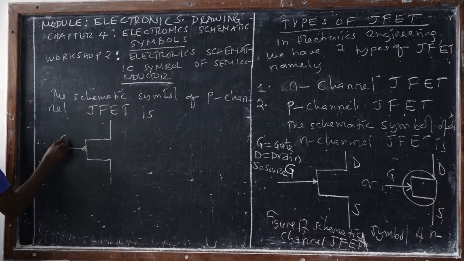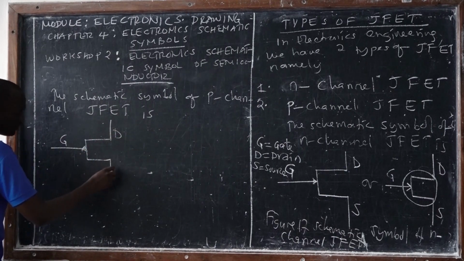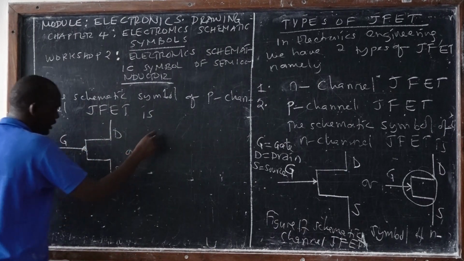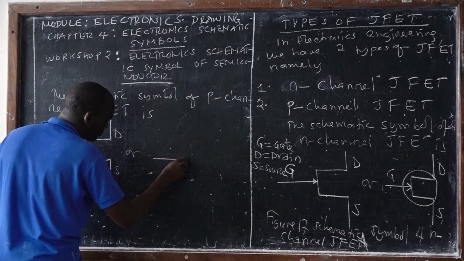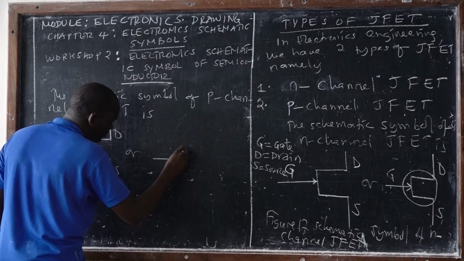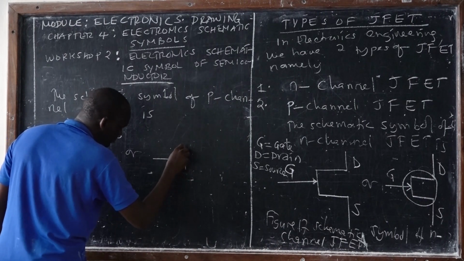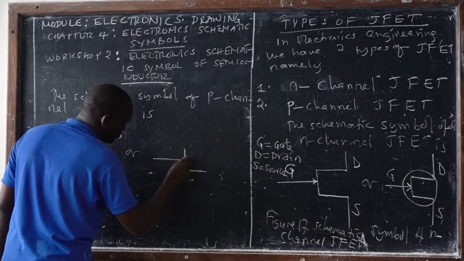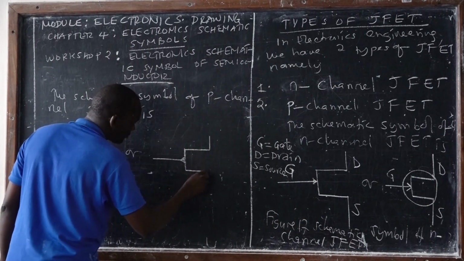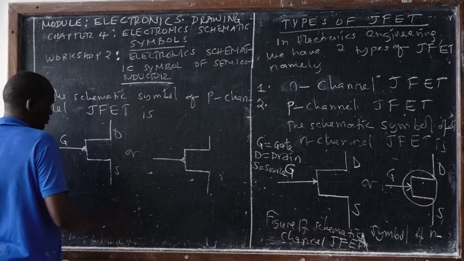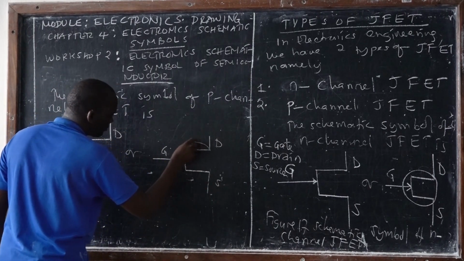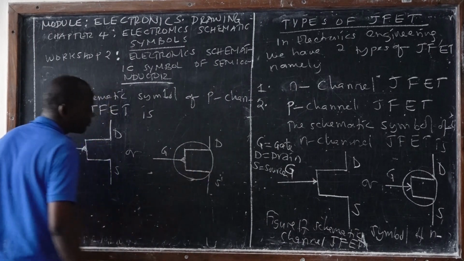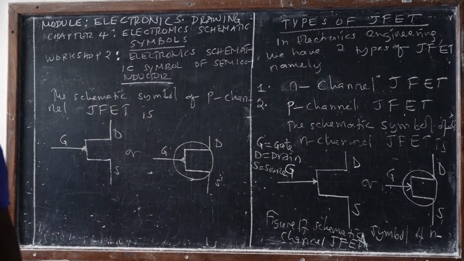So this is gate, this is drain, this is source. Or you can draw this schematic symbol this way. This is gate, this is drain, this is source. Okay, class?